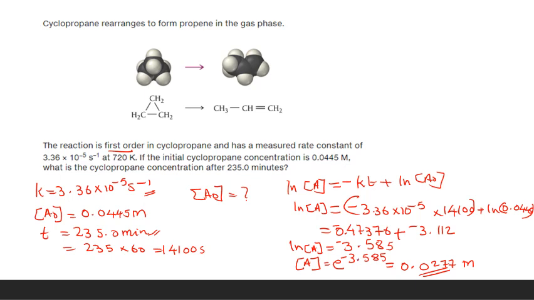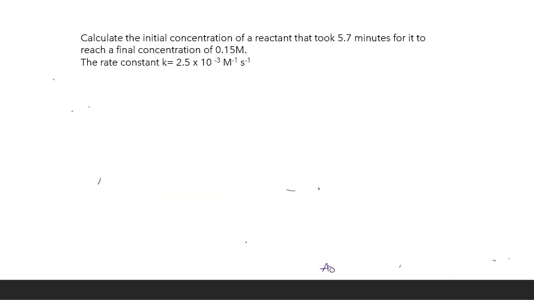So now let's see a little different question. Here is another question. In this question, calculate the initial concentration. So this is a different type of question. That means we have to find A0. It is given 5.7 minutes, so that means I have time 5.7 minutes for it to reach a final concentration of 0.15.